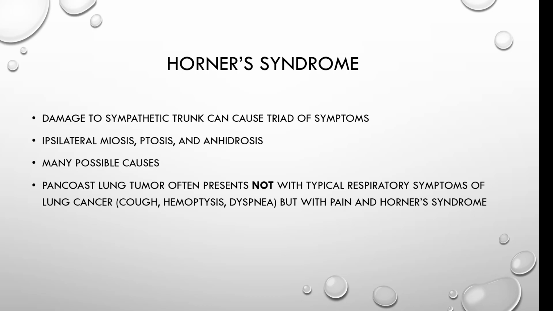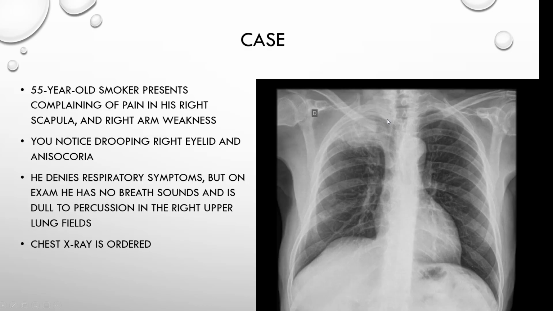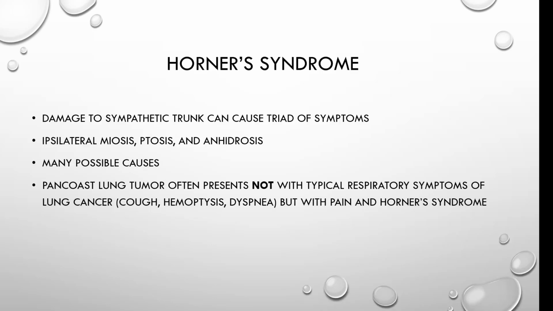That particular kind of tumor, because of where it is, can actually interfere with or interrupt transmission of signals along the sympathetic chain ganglia, particularly the upper thoracic and cervical sympathetic chain ganglia.